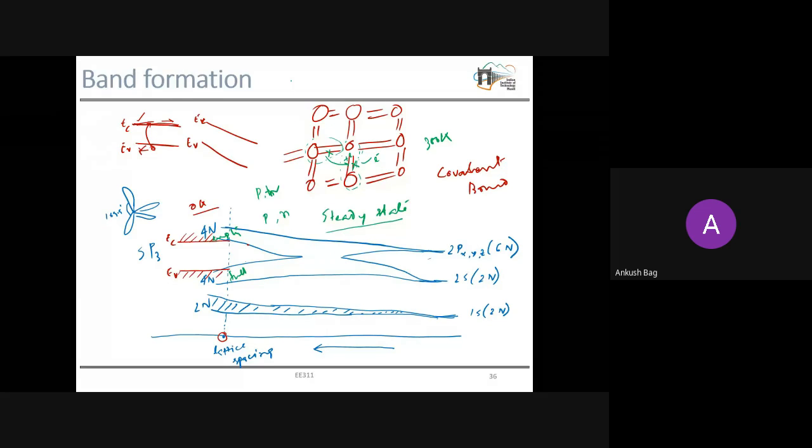Another thing, our overall objective for this particular module is to find out the resistivity, R equals rho L by A. Now to find this resistivity, one of the parameters is the carrier concentration. How that carrier concentration can be dominated by holes or by electrons will be decided by the doping.